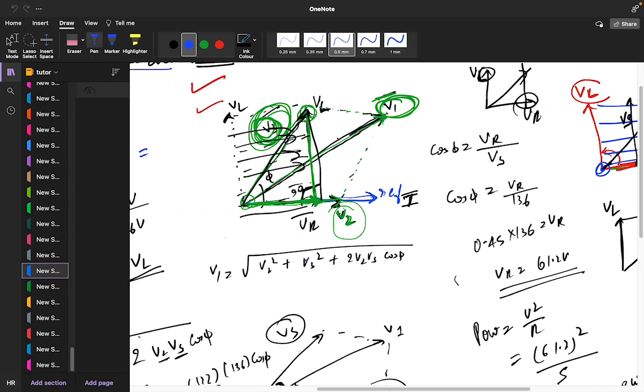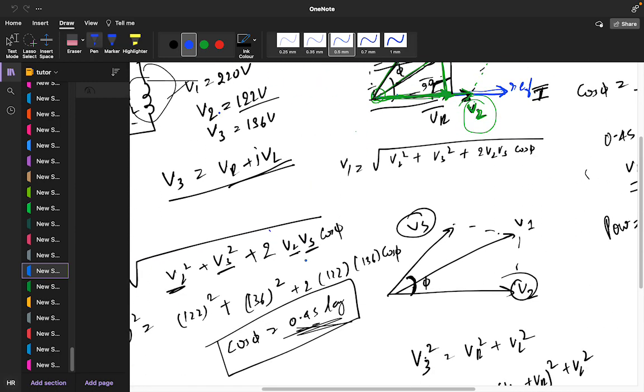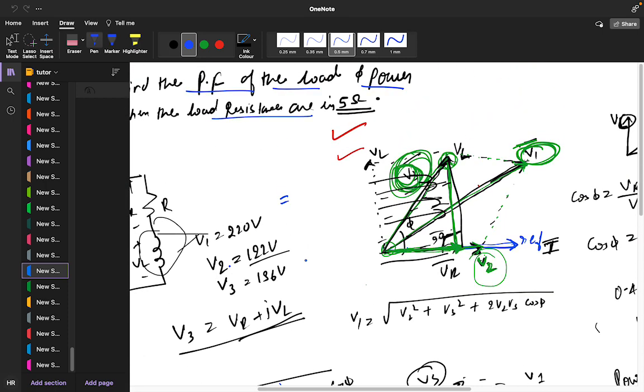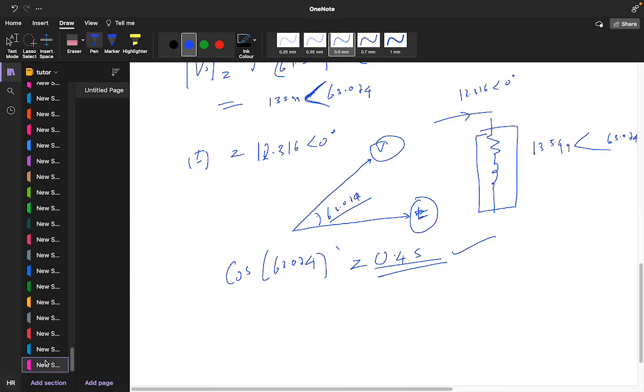So everything we got the same. So you understood how to solve this? Everyone got it? This was a very important question, and it can be solved by two methods. So this was one of the methods.